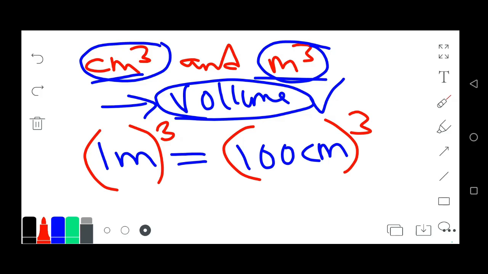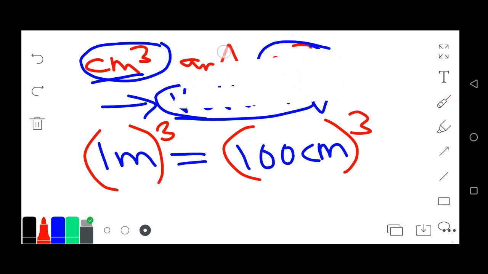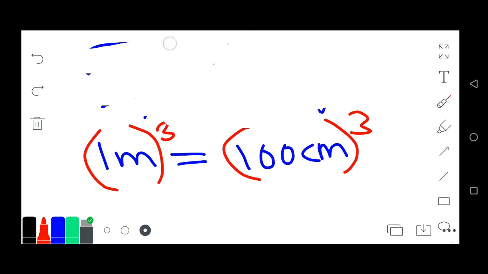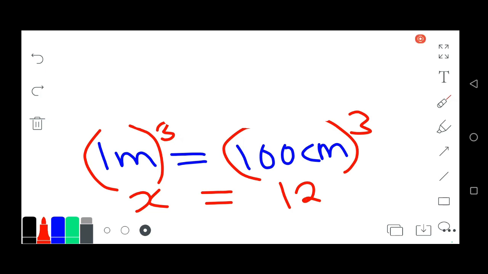Now, we have to understand that we have been given 12 cubic centimeters. In that case, I'm going to put x equals to 12. So you have to ensure that the cubic centimeter aligns with the cubic centimeter and the meter aligns to the cubic meter.